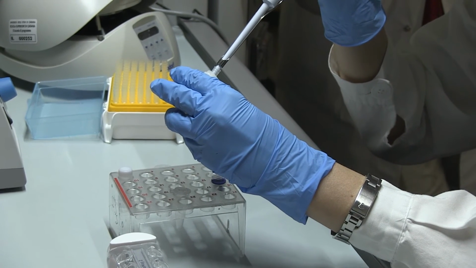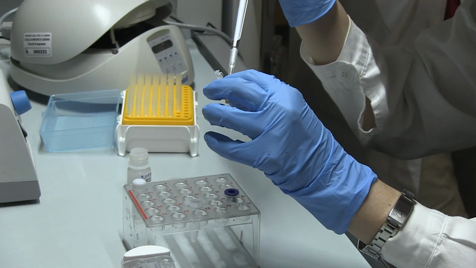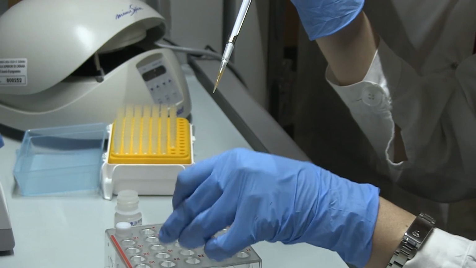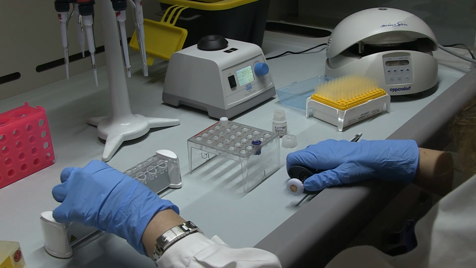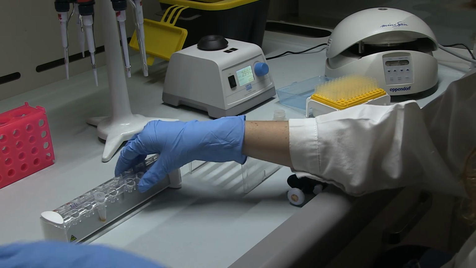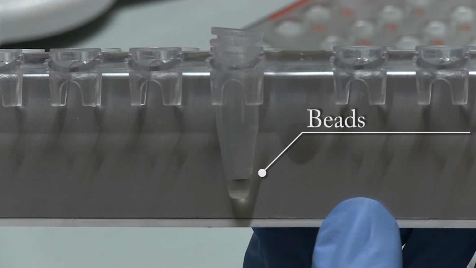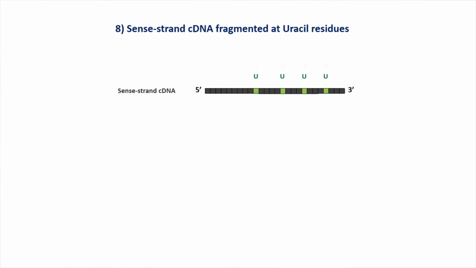After hydrolysis, the second cycle single-strand cDNA is purified by absorption to magnetic beads, as already shown in the previous step. cDNA concentration is then measured by its absorbance at 260 nanometers. 50 micrograms of input cRNA provide 5 to 15 micrograms of single-strand cDNA. 5 micrograms of purified single-strand cDNA are now required for fragmentation and labeling.